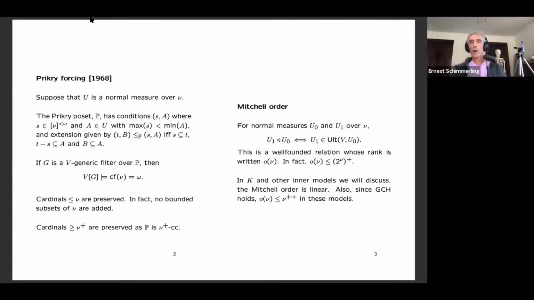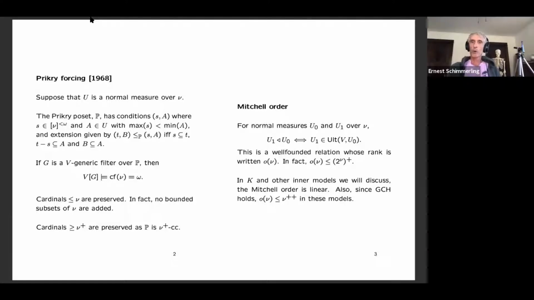And I want to also remind you of the Mitchell order. So this will be just on normal measures. There are ways of talking about the Mitchell order on more general objects as well.